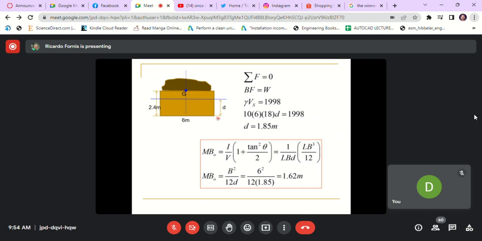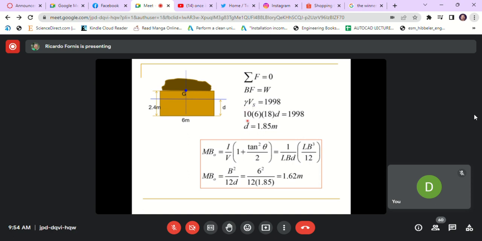Now, the total weight must be equal to the buoyant force. That is the reason for this equation, where the buoyant force, I guess we still remember, is calculated as the unit weight of water multiplied by the volume submerged.